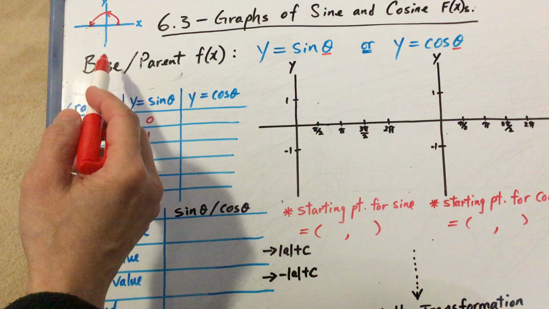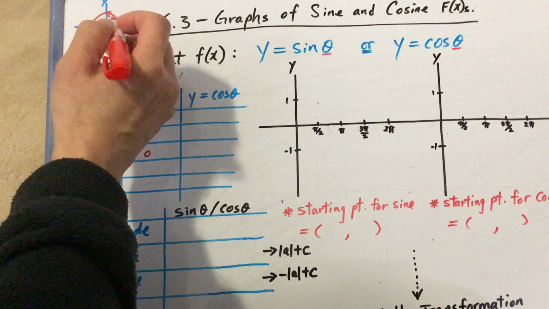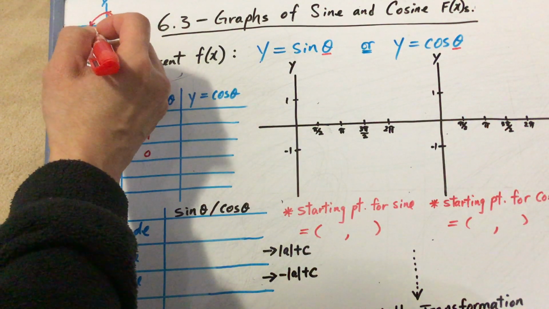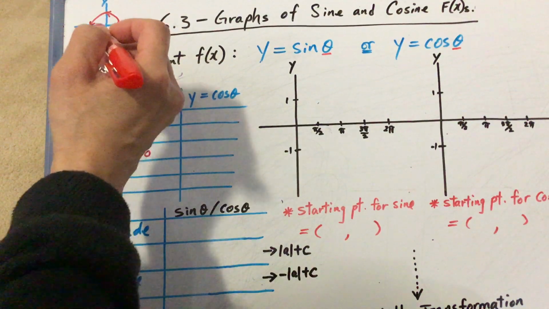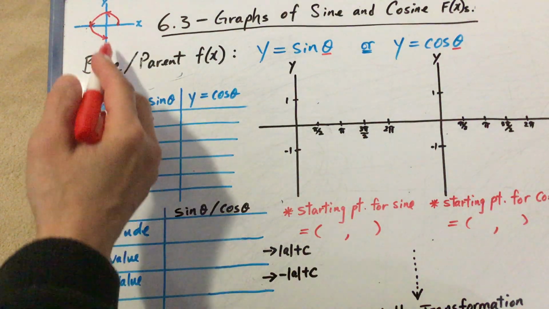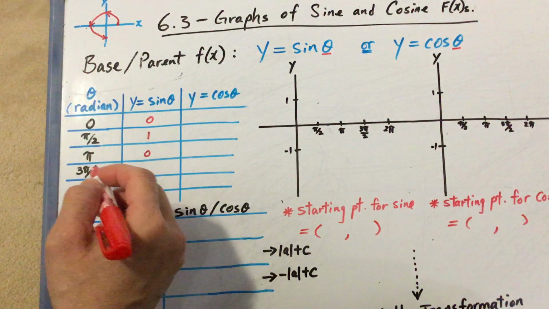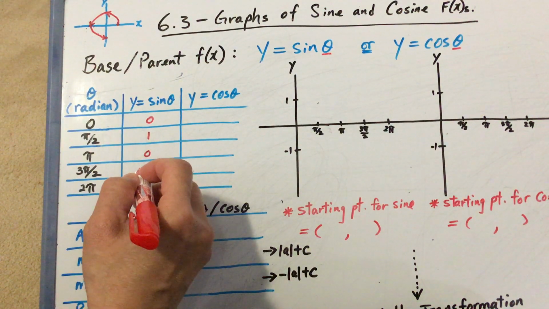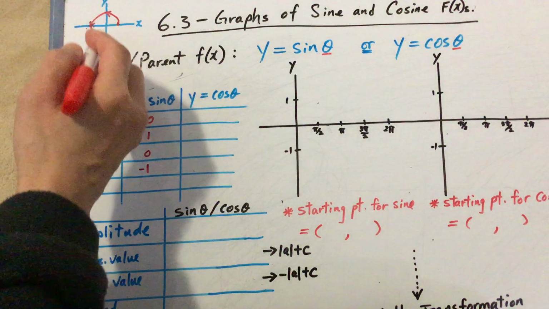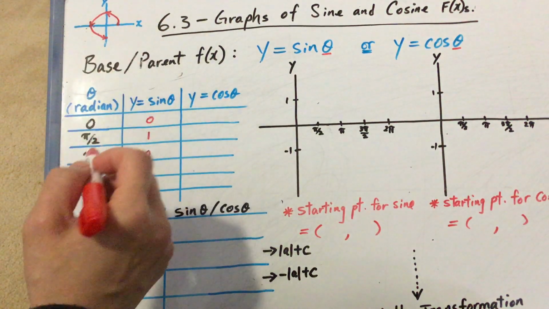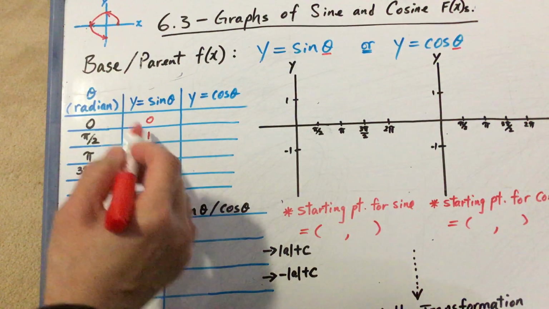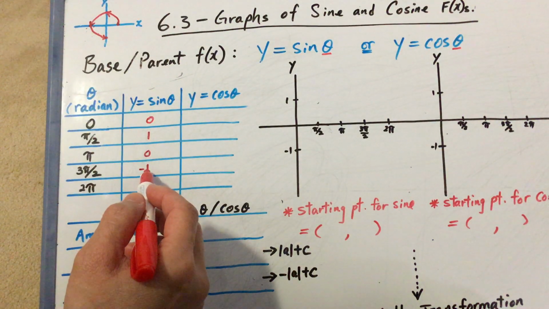And then the 3 pi over 2. When the angle goes all the way to 270, 3 pi over 2, the sine of 3 pi over 2 will give you a -1 because it lands below the x-axis. Above the x-axis, the 90 will give you a 1, but below the x-axis will give you a -1.